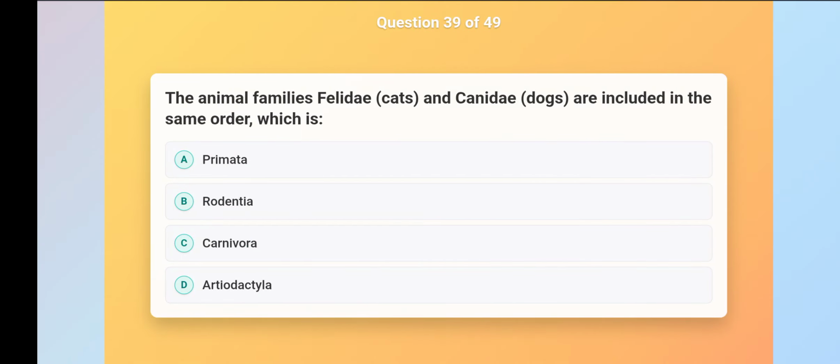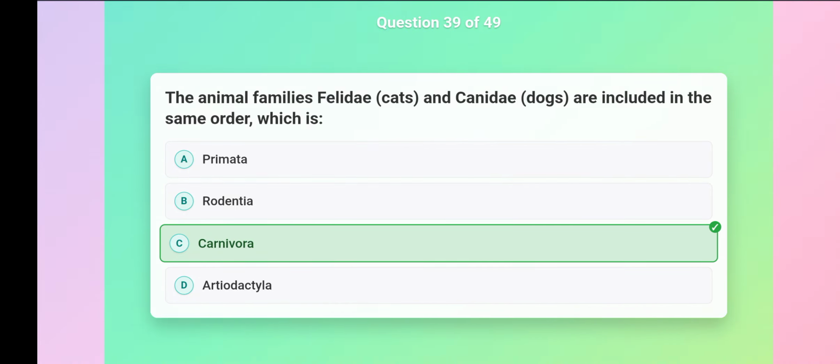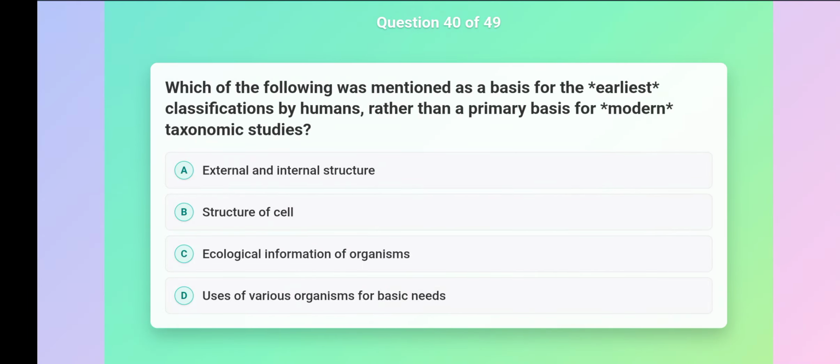The animal families Felidae, cats, and Canidae, dogs, are included in the same order, which is Carnivora. Which of the following was mentioned as a basis for the earliest classifications by humans, rather than a primary basis for modern taxonomic studies? Uses of various organisms for basic needs.